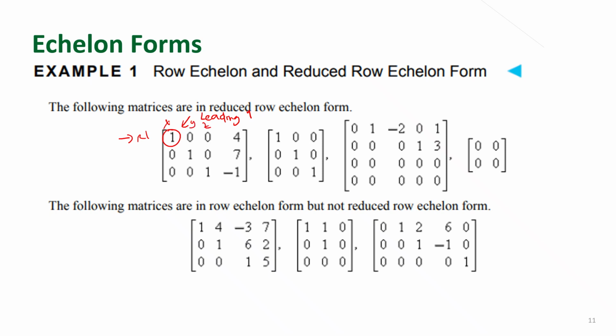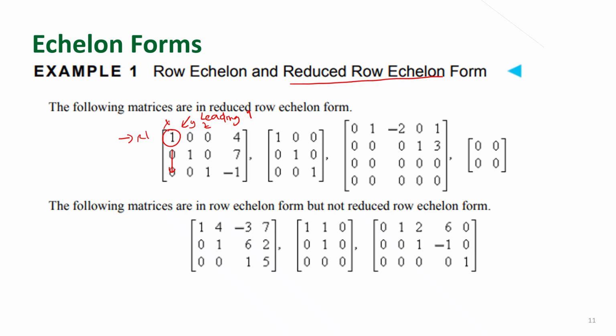For example, this one, the value of the leading one is 1. So for a reduced row echelon form, all the values below the leading one and above the leading one, because this one is the top one so you don't have one above it, will be 0.